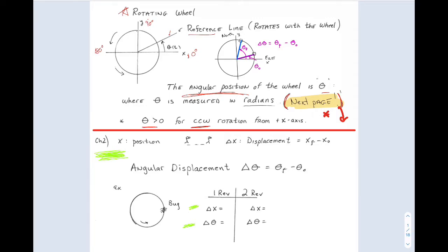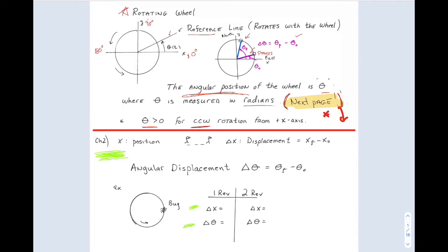So we say the angular position of the wheel theta is along some reference line. Imagine I have some line, that's my reference line there, and let's say the wheel starts here. Let's say it starts at that position. Well, the initial angle is some theta 0. That's my initial position of the wheel, the angular position of the wheel.